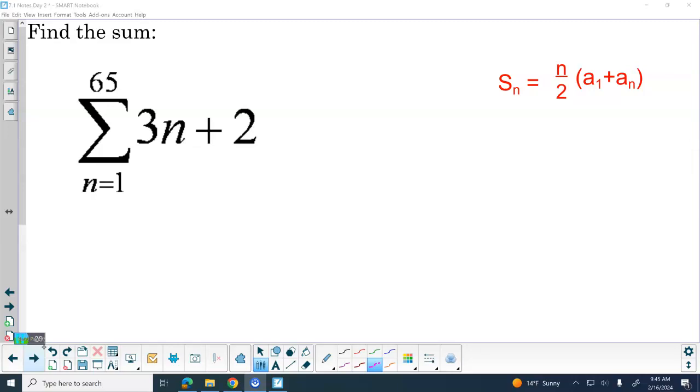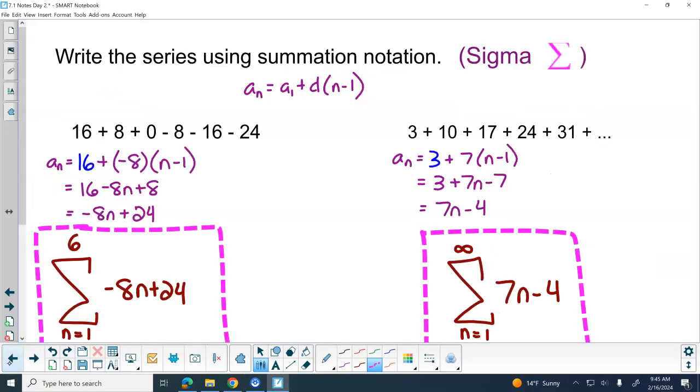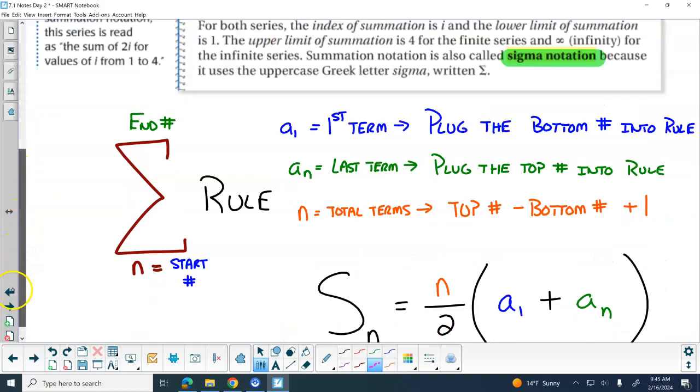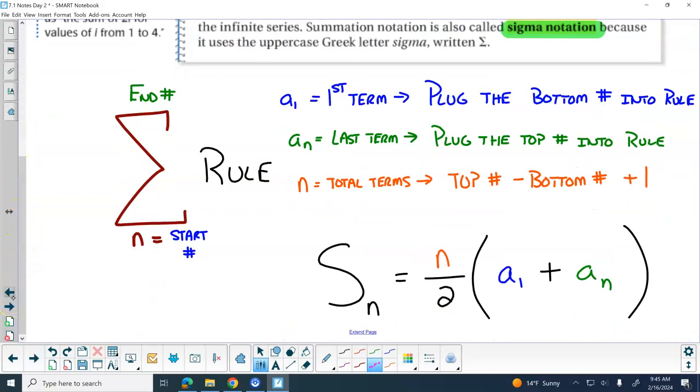Well, it's the ending number, yes, but what do I do with it, though? Here it was. How do I find the 3 things that I need? So I need the first term, so I put them into the rule, okay?